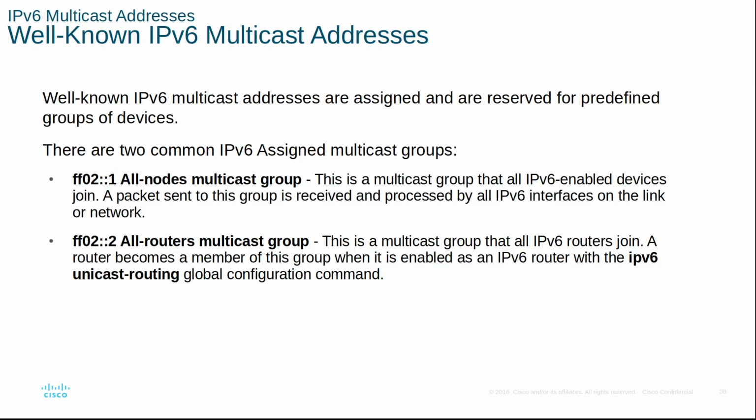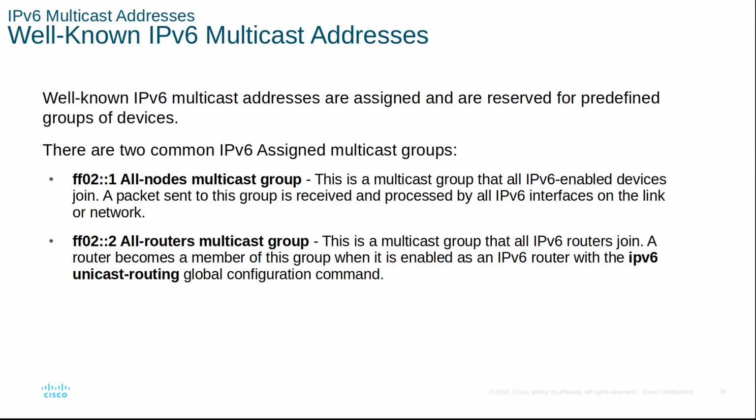Well-known IPv6 multicast addresses are assigned and reserved for certain types of devices. Routers, and also not routers. So one is the all-nodes multicast group, FF02::1. That's a group that all IPv6-enabled devices join.